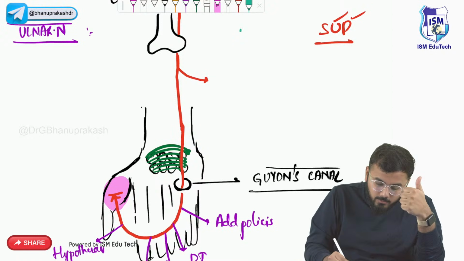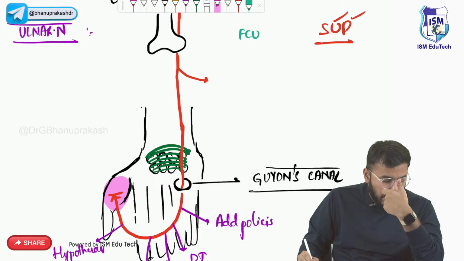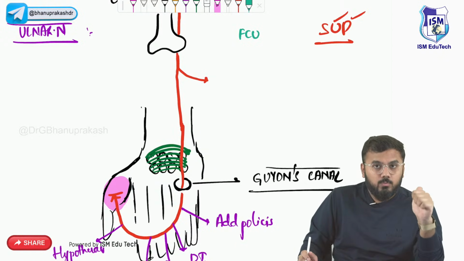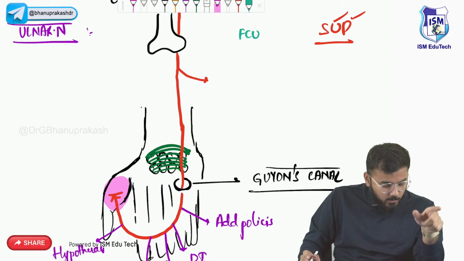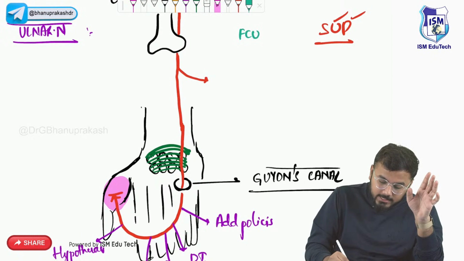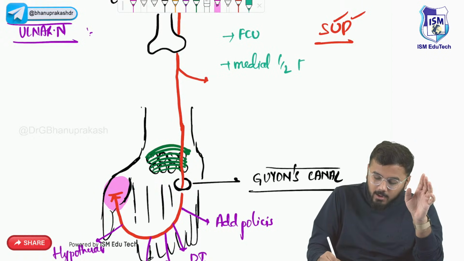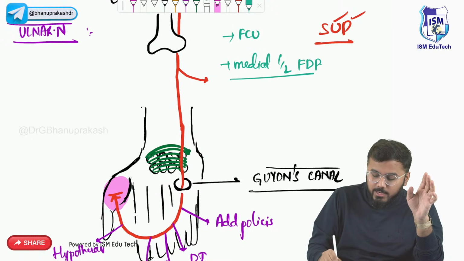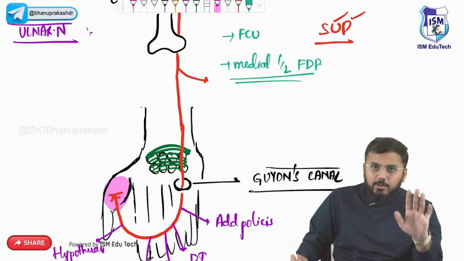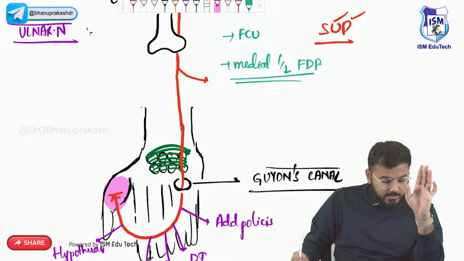Yes. And next muscle also. Very good, Muhammad Yunus. It supplies flexor carpi ulnaris and medial half of flexor digitorum profundus. Very, very good.